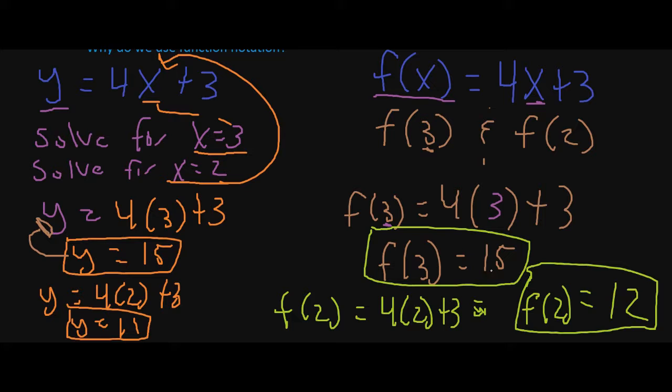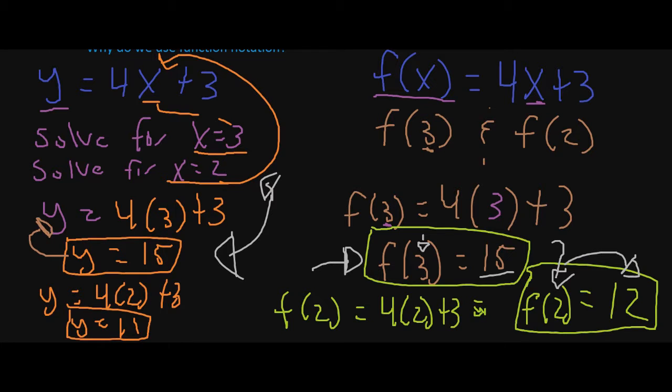So in function notation, now that we solved it, it's identical to exactly what we just did over in this section here, except over here, I don't know which one we plugged in 3 or 2 into. Here I just have y equals 15, and here I have y equals 11. Over here, under function notation, I know I plugged in 3 and I got 15. I know here I plugged in 2 and I got 12.